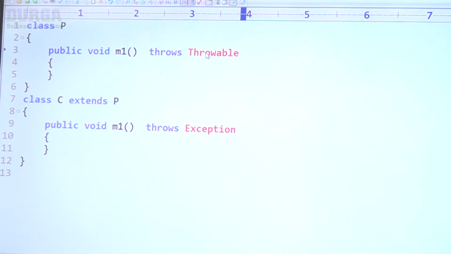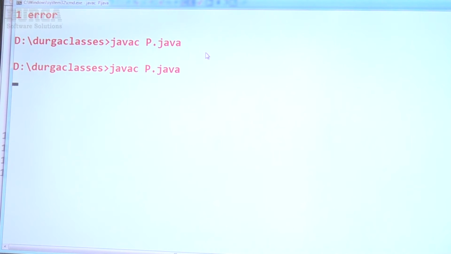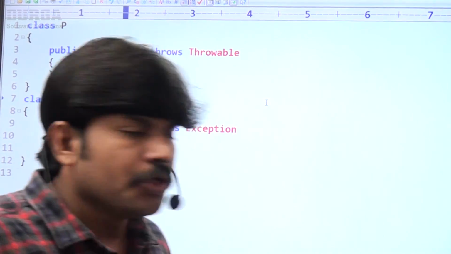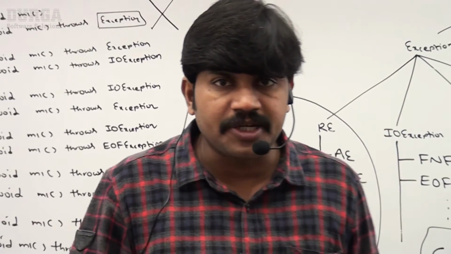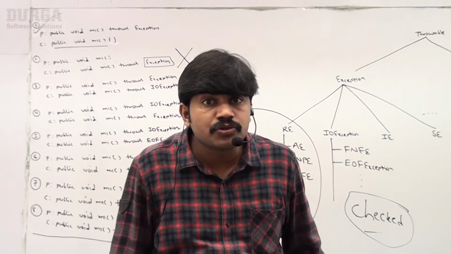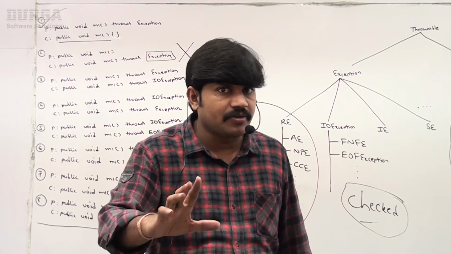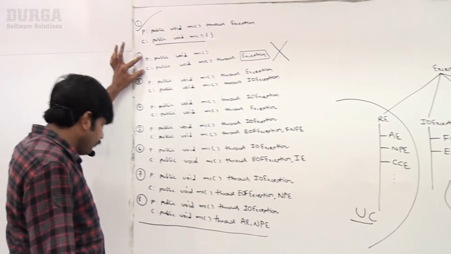Parent of Exception is Throwable, still acceptable. So the rule is, if a child class method throws any checked exception, compulsorily the parent class method should throw either the same checked exception or its parent. So this earlier one is invalid, right?